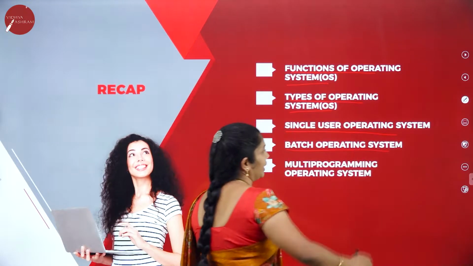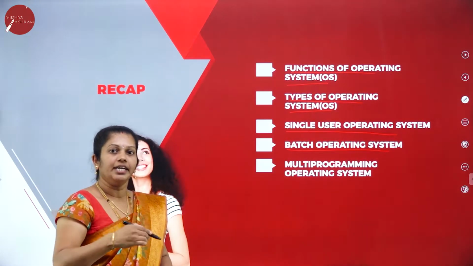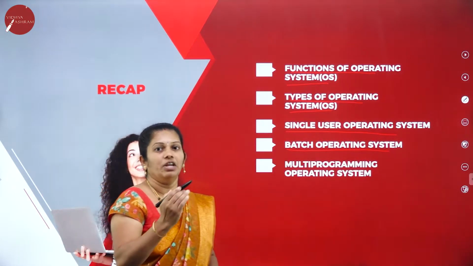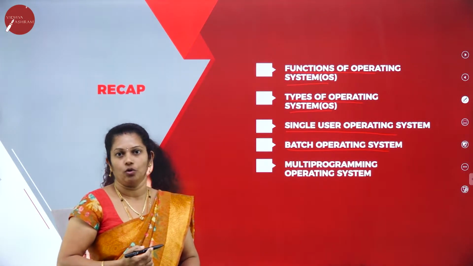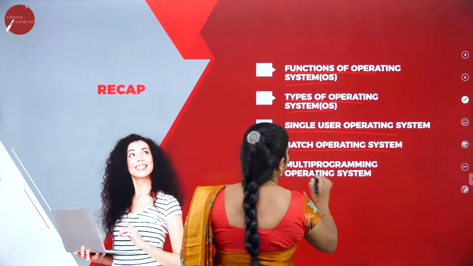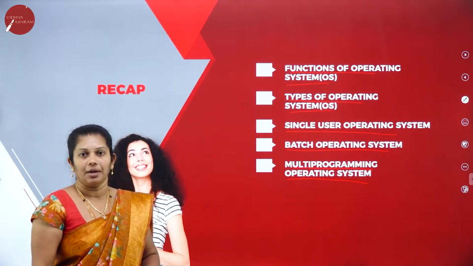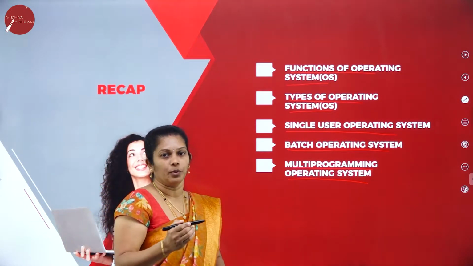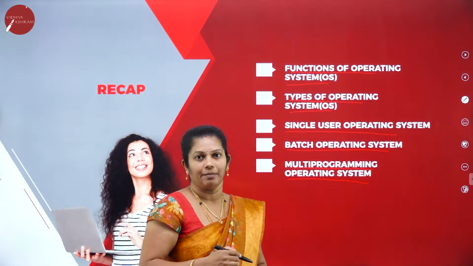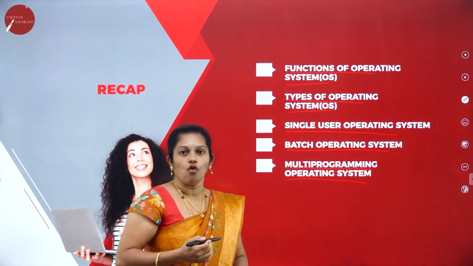Then batch operating system. Here, related jobs will make batches and then go for processing. Then multi-programming operating system. Multi-programming means more than one program can work at the same time. These are a few types of operating system.